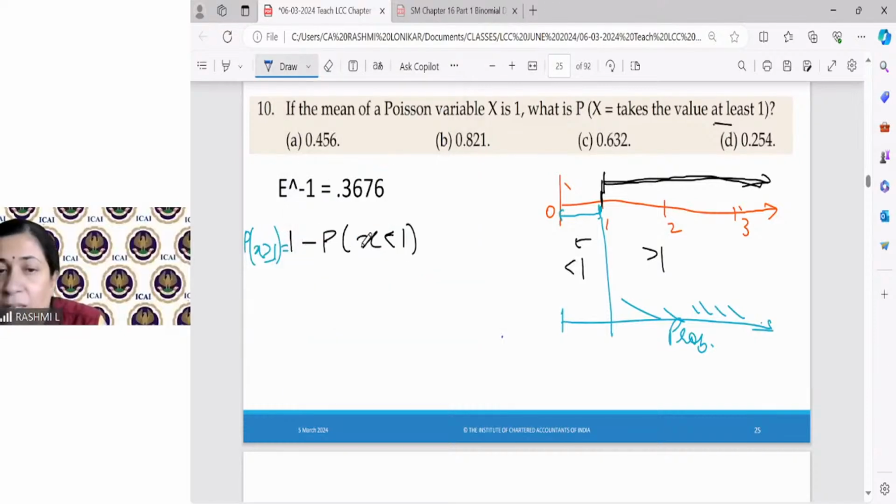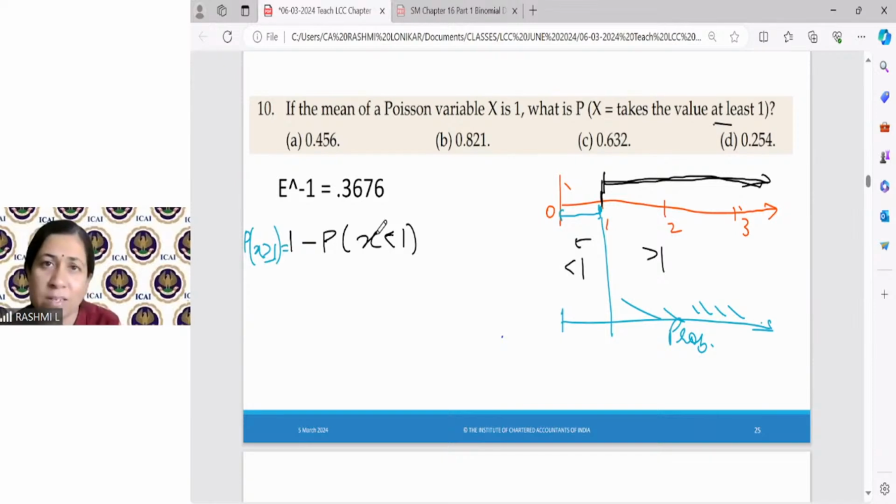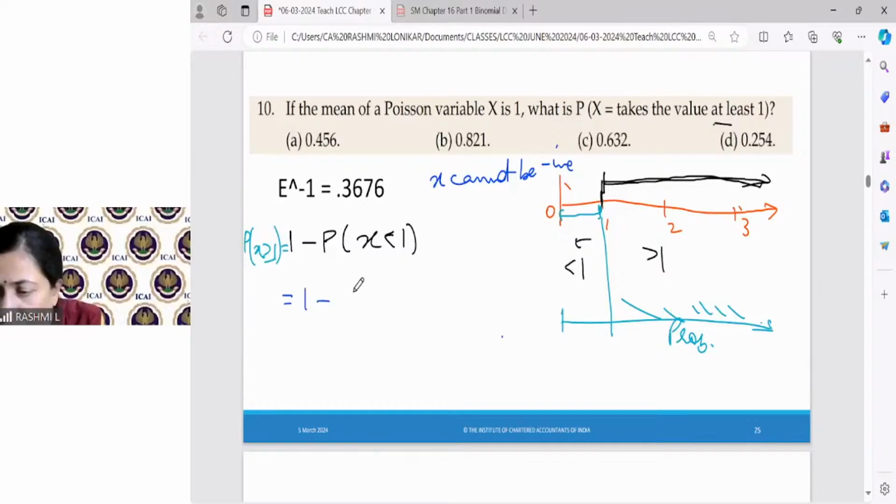1 minus P(x less than 1). Now what is the integer which is less than 1? Only 0, because I know that x cannot be negative. So this is equal to 1 minus P(0).